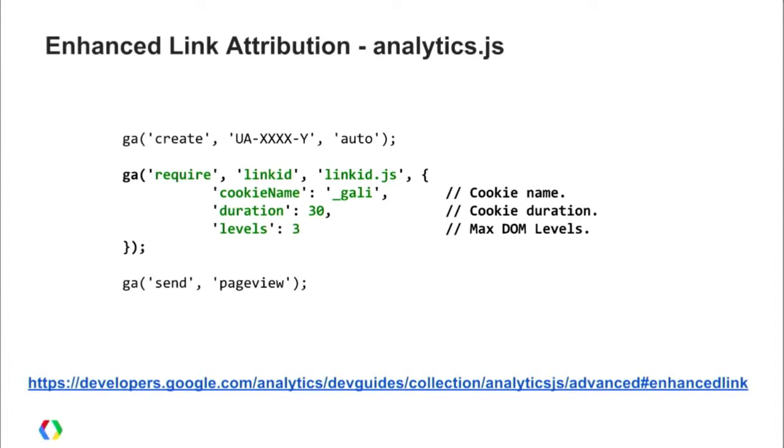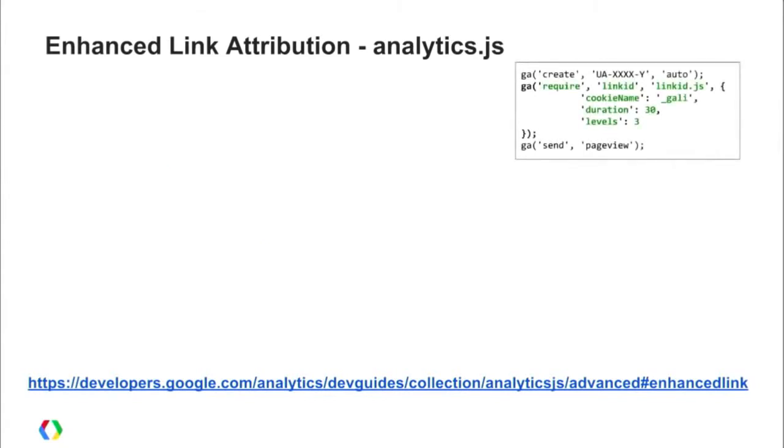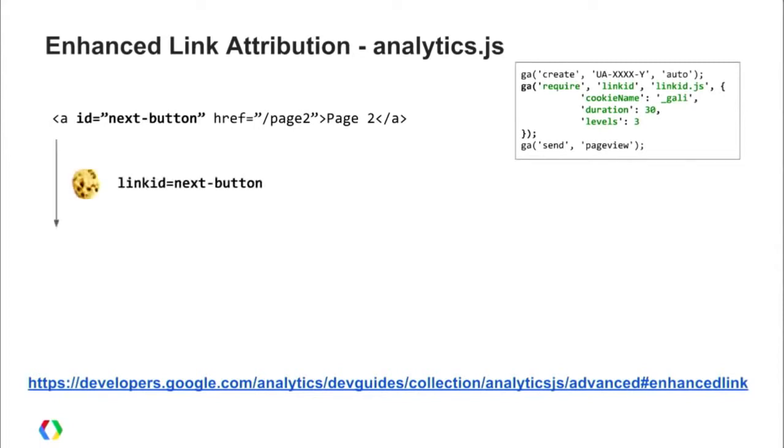Really quickly, the way this one works: once you load the Link ID plugin, which you'll see there, if you have a link on the page that's pointing to a URL, in this case page 2, when a user clicks on that link, we're actually going to write the link ID to a cookie.